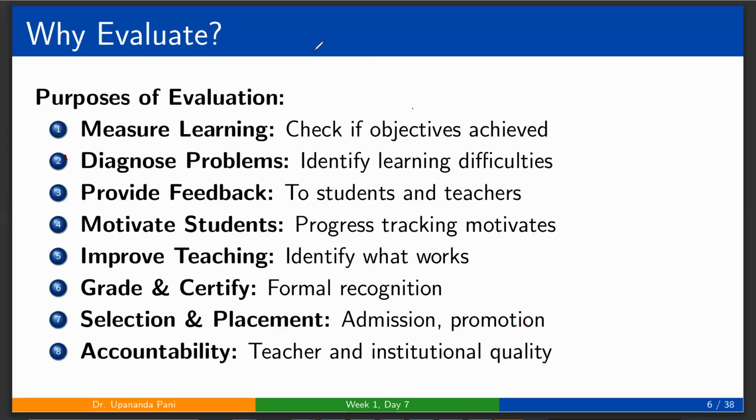So then the next question is, why do you need evaluation, or what are the purposes of evaluation? First is to measure learning, to check if objectives are achieved, to diagnose problems, to identify learning difficulties, to provide feedback to students and teachers, and to motivate students, that is, progress tracking motivates.